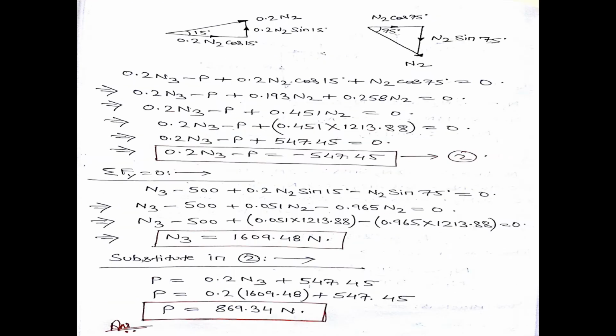Substitute that value of N2 over here as well as over here also, 0.258 into N2, and then solve the entire expression. You will get one relation in terms of N3 and P. That is 0.2 times N3 minus P is equal to minus 547.45, which is equation number 2.